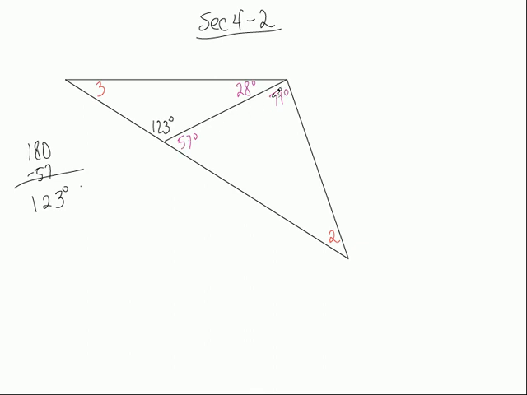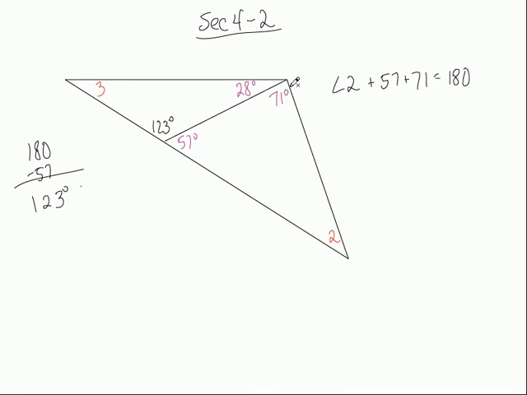But let's take a look at these. What did we just learn? We just learned that the sum of the angles of a triangle is 180 degrees. So what are we going to do with all 3 of those angles? Add them up and set them equal to 180. So angle 2 plus 57 plus 71 equals 180. Everybody got that? Now look, you don't necessarily have to go through all this.